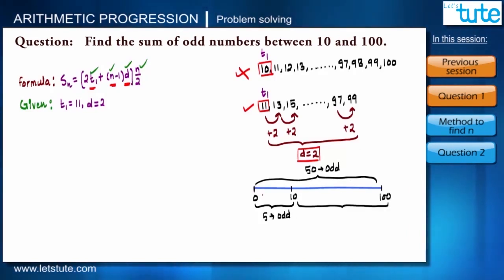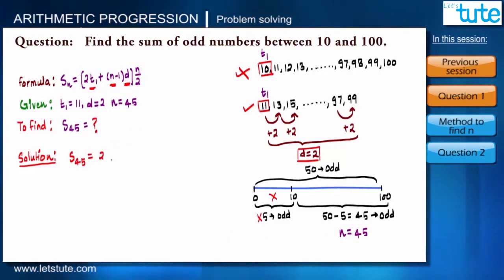So from 10 to 100 we will not include those 5 odd numbers which are lying between 0 to 10. That means from 10 to 100 there will be 45 odd numbers only, right? So we got our third required parameter N, that is equal to 45.